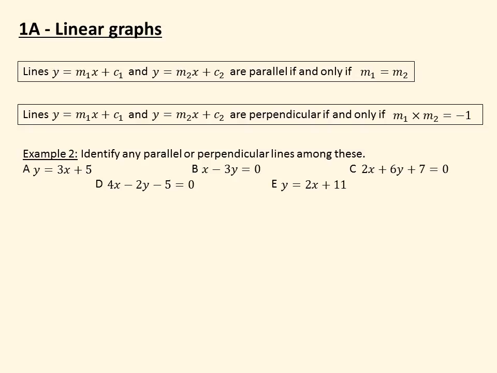This is what we're asked to do in example 2. But the way the equations of the lines are written makes this difficult. Before we can match any lines, we need to rewrite them in the form y equals mx plus c.